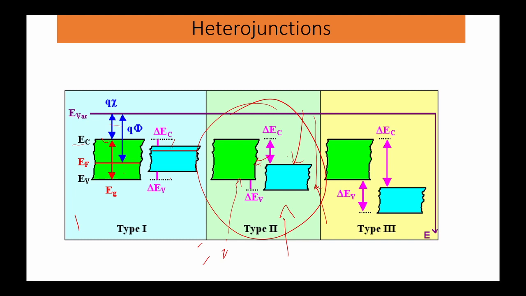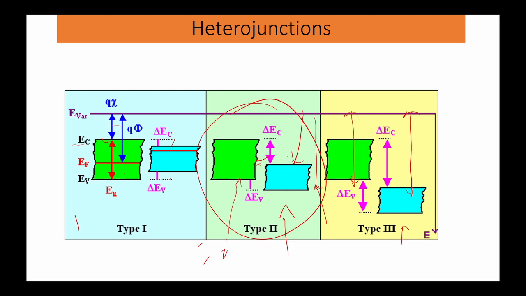heterojunction. And the next, type 3, is if the electron affinity of the second semiconductor is more than the ionization energy of the first semiconductor.